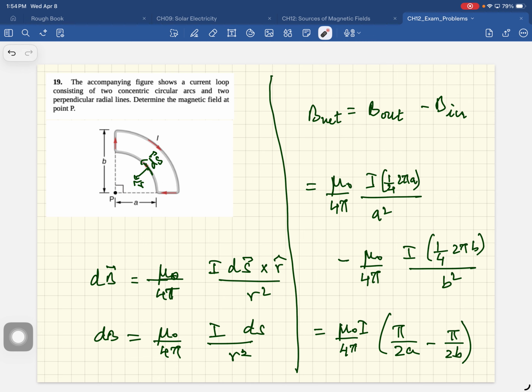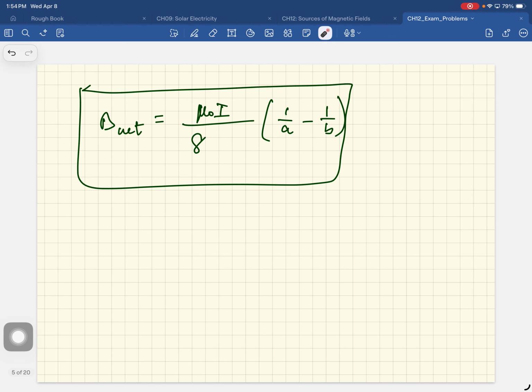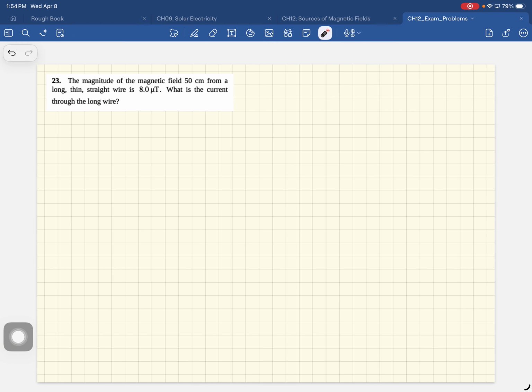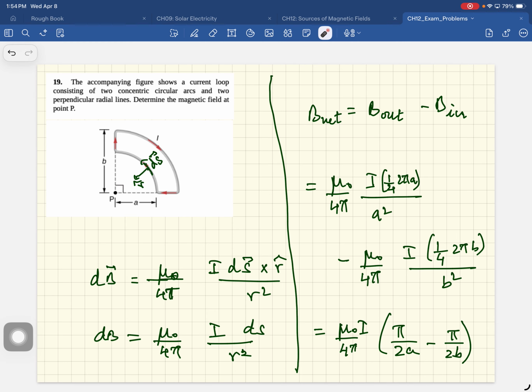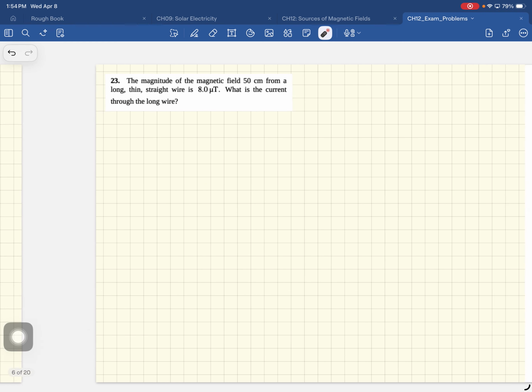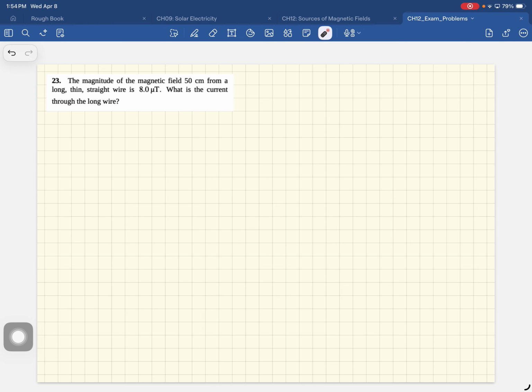So here's a 20 amp current. If the wire is in a uniform magnetic field directed vertically down, so it's in the presence of a magnetic field B naught equal to 4 times 10 to the minus 5 Tesla.